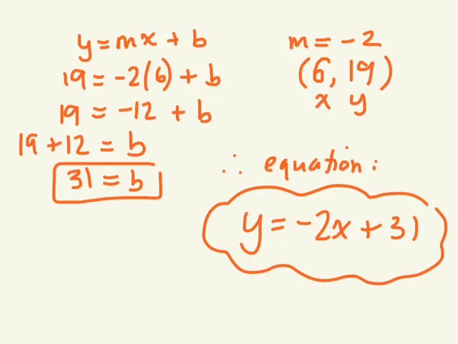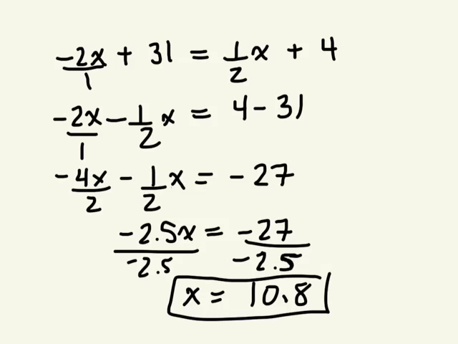We need to figure out at what point should the cable wire be connected. Okay, we have to figure out where these two lines intersect. So -2x plus 31 equals 1/2x plus 4. Same thing, solve for x. Solve for x, isolate, x is 10.8. Now we have to find y.